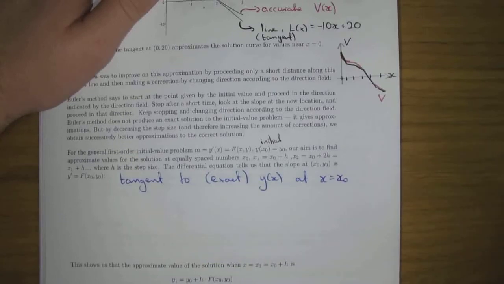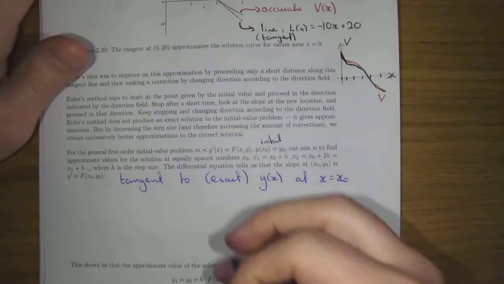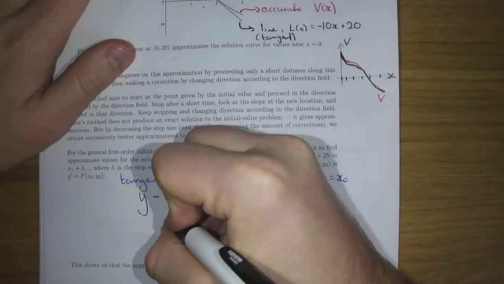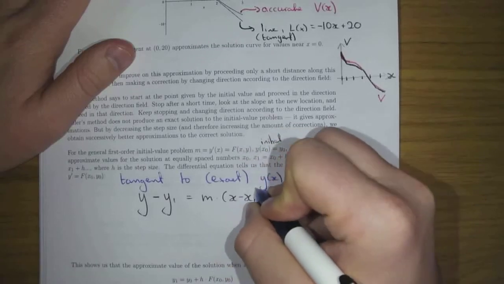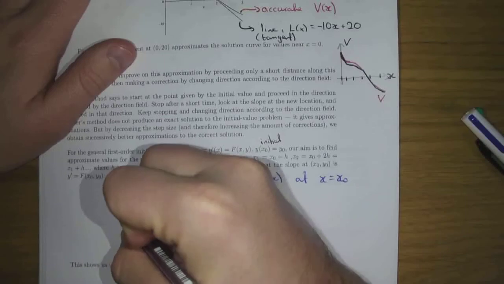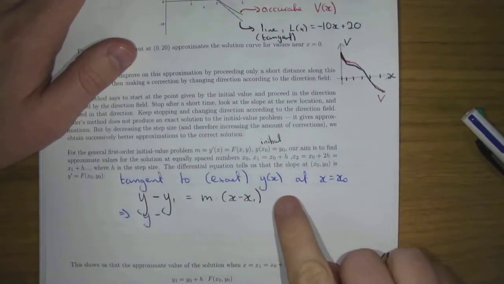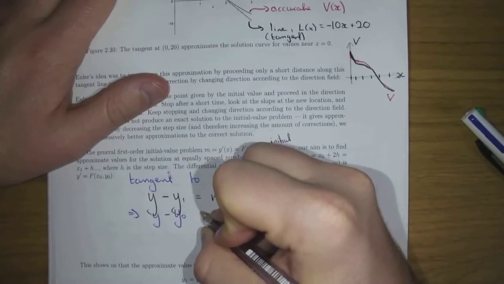So let's do y minus y1, just to make it familiar, and you want to end up with y in terms of x. The point you know about is y0, the 20 up here. We're just doing it generally to show you the formula.